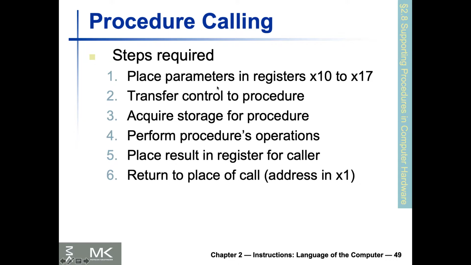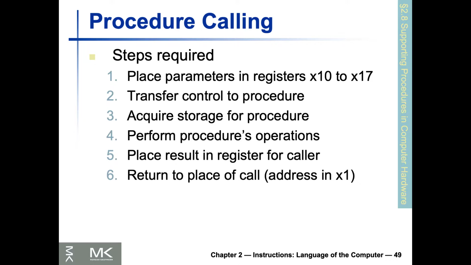After that, we're going to transfer control to the procedure, right? After that, we're going to acquire storage from the memory for that procedure, and then we do the operations of the procedure, and then we place the result in register for the caller.